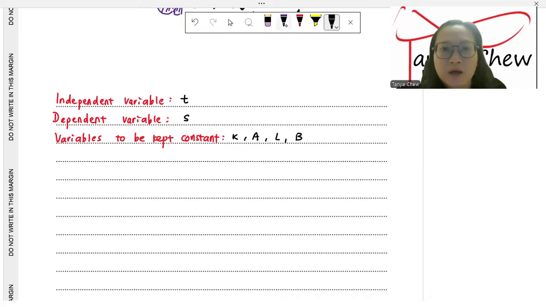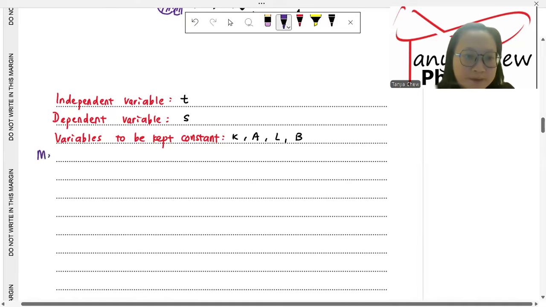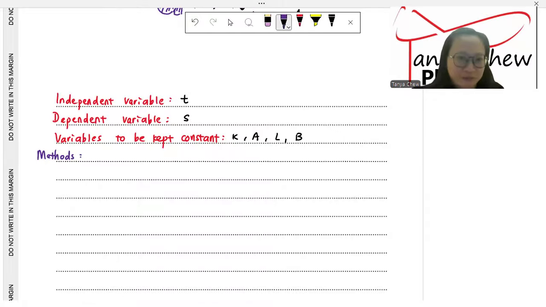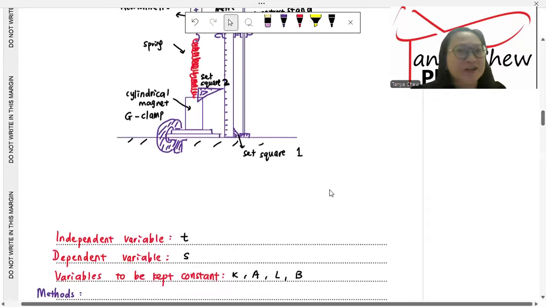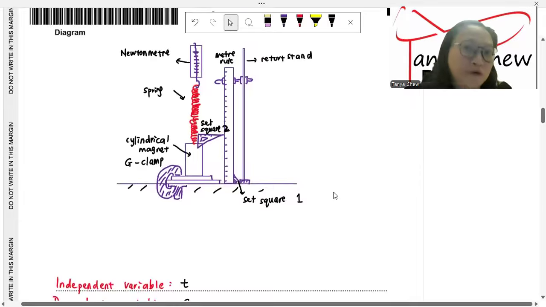Now, after that, I would like to begin with the method of how the experiment is being conducted. So remember, I am just a planner. I'm not the one that conducts the experiment. Before I come up with the method, I need to have a diagram to refer to.